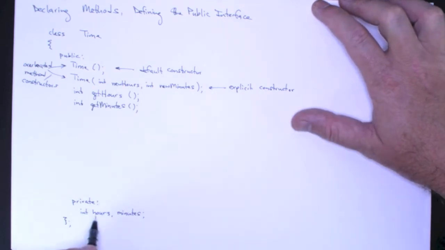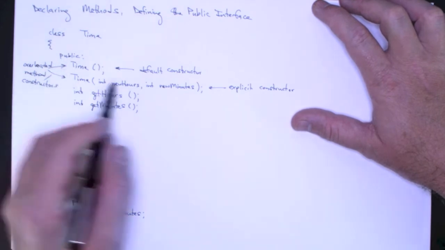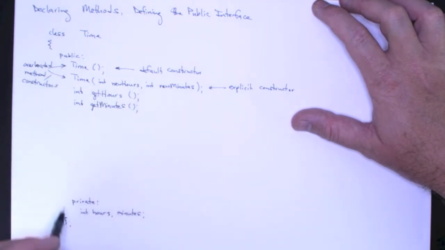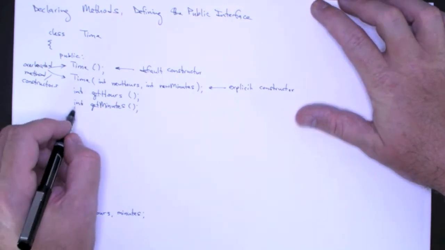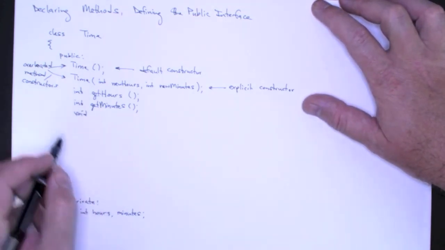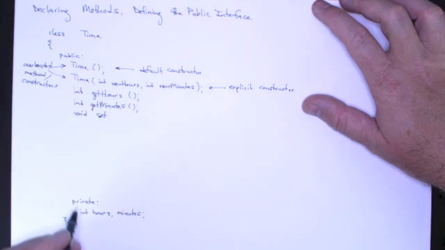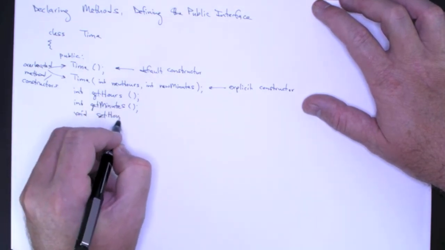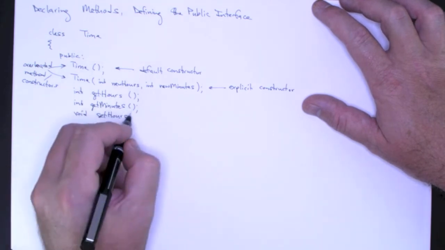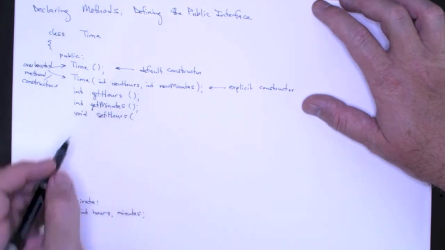Now I also want to be able to set these private data members after construction. So I can give them initial values here, but then after that, if I want to change them, I'm going to have to use the set methods. These typically are void return types. Again, I use the set prefix and then the name of the private data member, and then I have to pass in a new value.